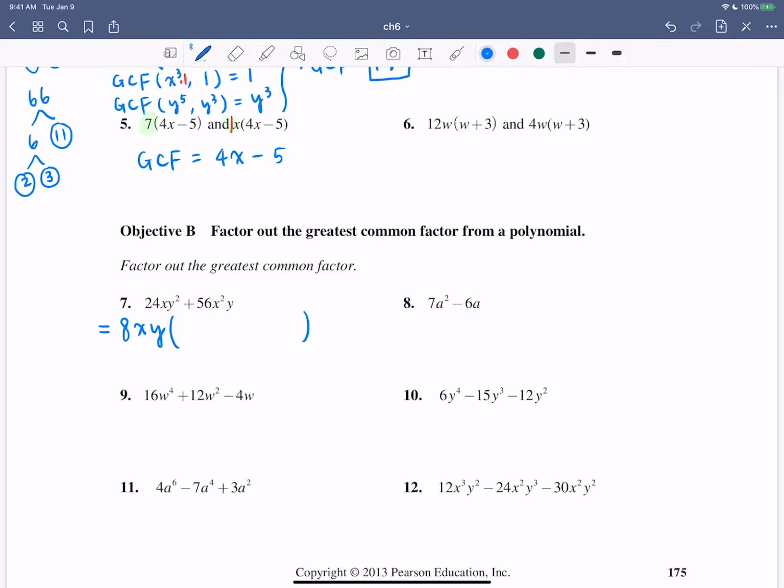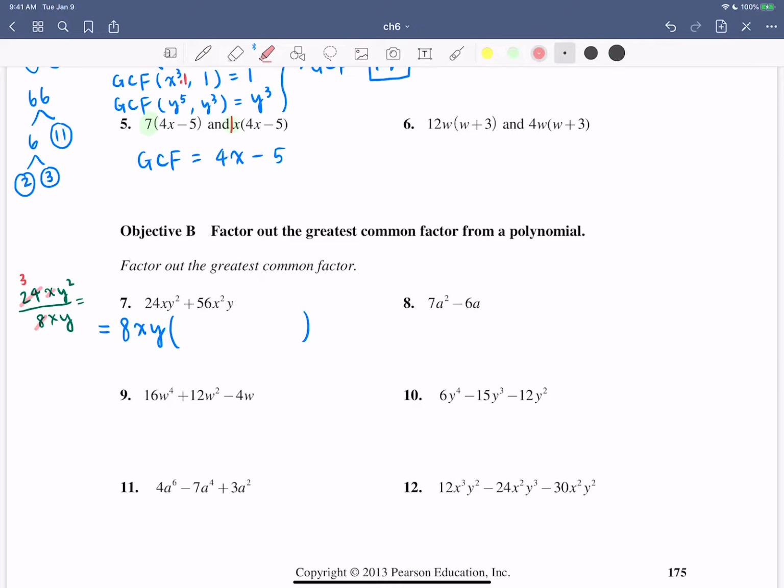First term is 24xy squared. If you divide it by 8xy, let me write next to it, 24xy squared divided by 8xy. Cross out the common factors. So 8 goes into 24 3 times. So that will be a 3 on the top.